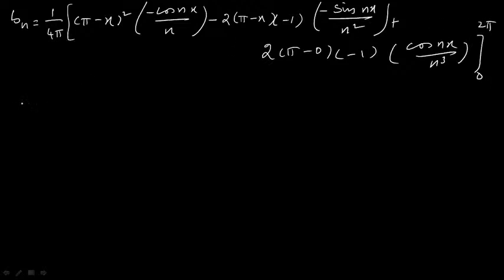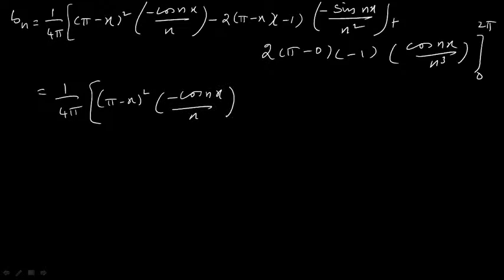Let me first simplify the signs. So 1 divided by 4 pi, first term we have minus. So pi minus x the whole square, minus cos nx divided by n. So here we have 1, 2, 3 minus terms. So if it is 3 minus, negative, so there I made a mistake. So 3 minus means negative. Odd number of negative terms gives negative itself. Even number of negative terms means we get positive, isn't it?